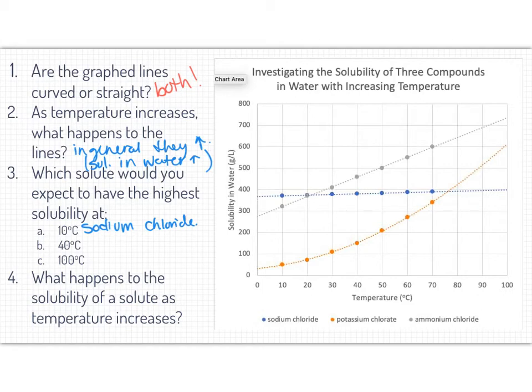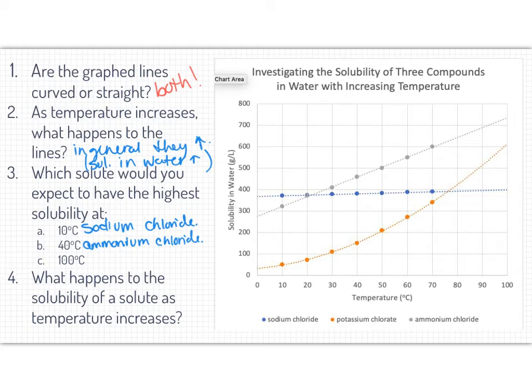At 40 degrees Celsius, it appears that sodium chloride is no longer the highest point. It is ammonium chloride. And at 100 degrees Celsius, we can see that the highest line here is still ammonium chloride.